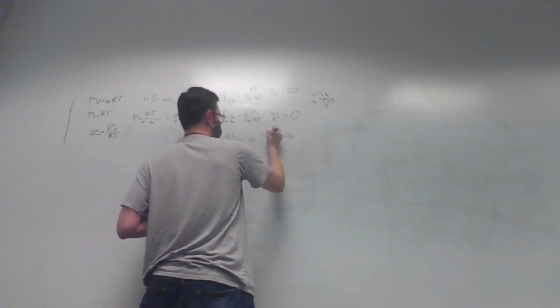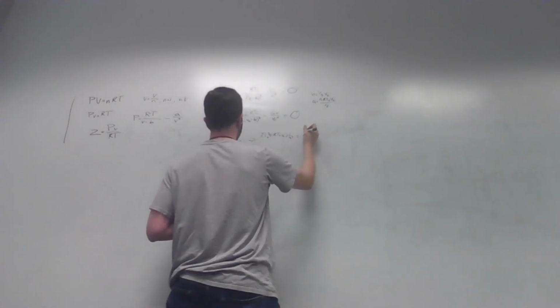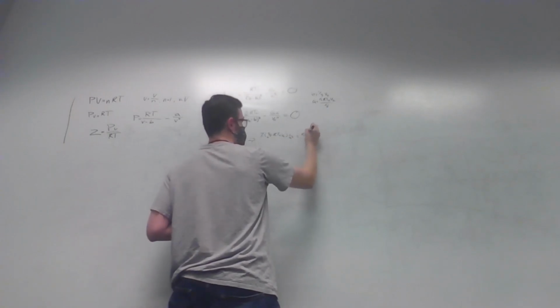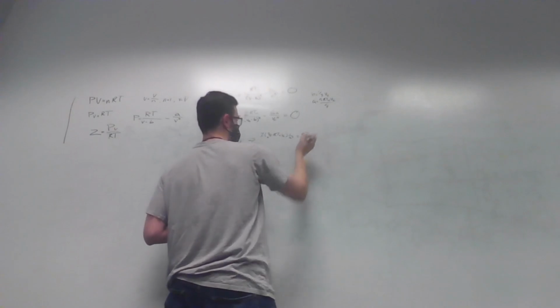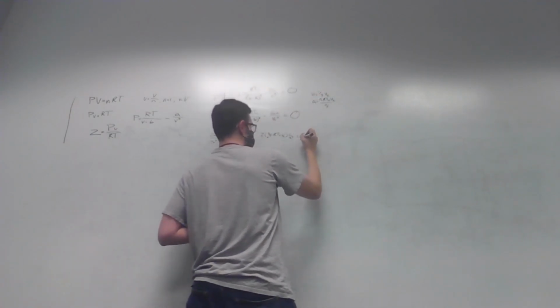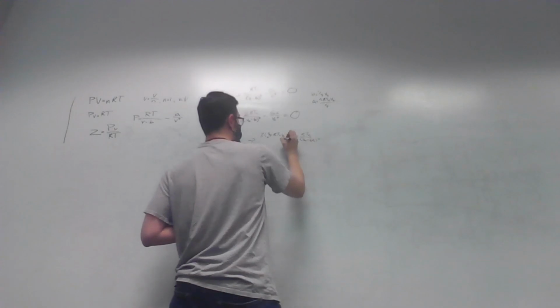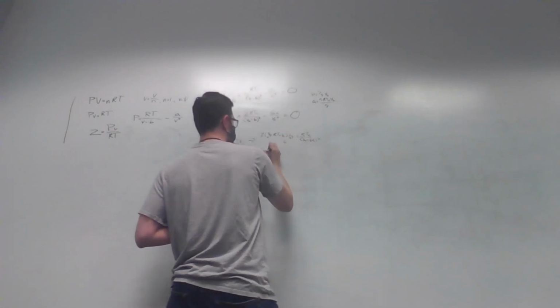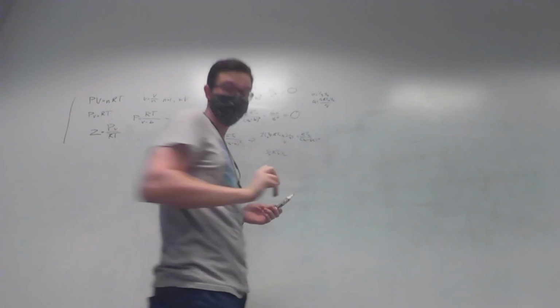These cancel, this is a 4, equals R times critical temperature over the critical volume minus 1/3 critical volume squared goes down to 9/4 R times critical temperature times critical volume.